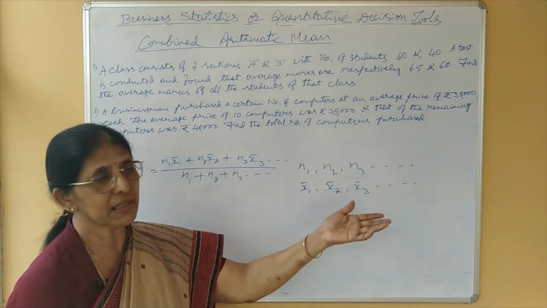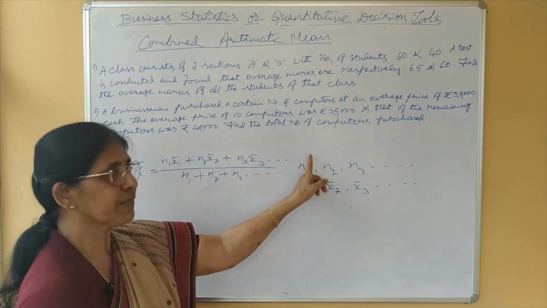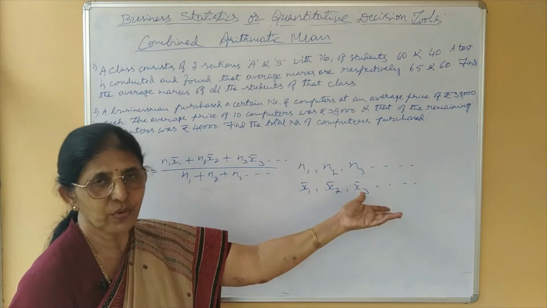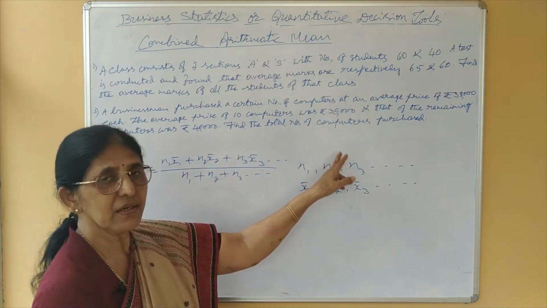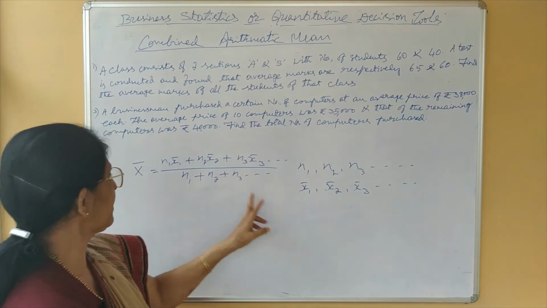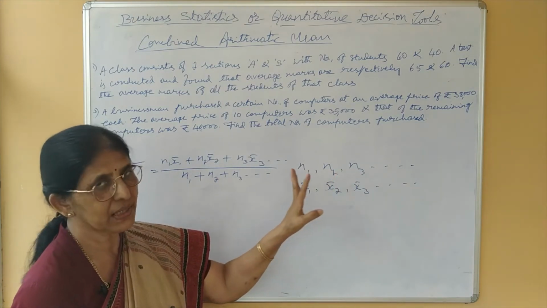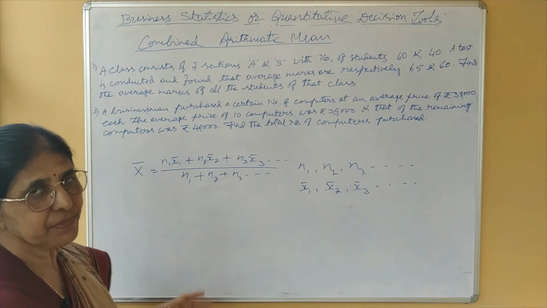If four series are given, then we extend the formula, plus n4 x bar 4 divided by n1 plus n2 plus n3 plus n4. If five series are there, then you take plus n5 x bar 5 divided by n1 plus n2 plus n3 plus n4 plus n5, like that. This is the formula to find the combined arithmetic mean.